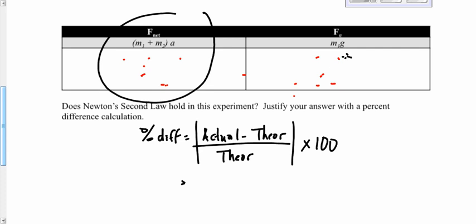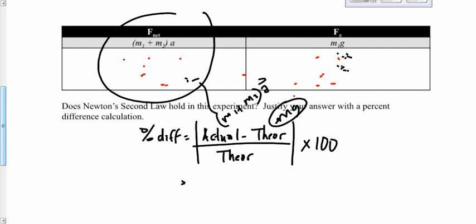So this is going to be our theoretical value, and this is going to be our actual value. Does that make sense? So whatever you get here, subtract whatever you get here, divide it by whatever you get here, and then multiply the whole thing by 100.